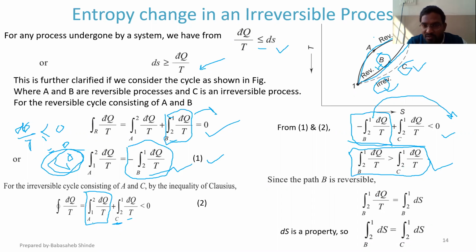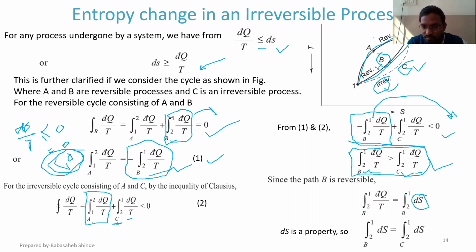So now, out of this left hand side and right hand side, this is path B and this is path C. And here we know that A and B are reversible paths and C is irreversible path. So for a reversible process, dq by T is nothing but dS. Integral 2 to 1 along B of dq by T, that is the ratio of heat transfer to the temperature.